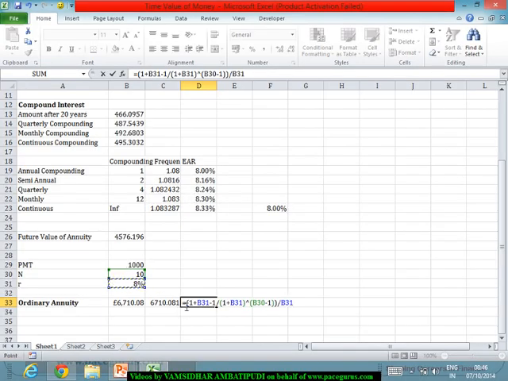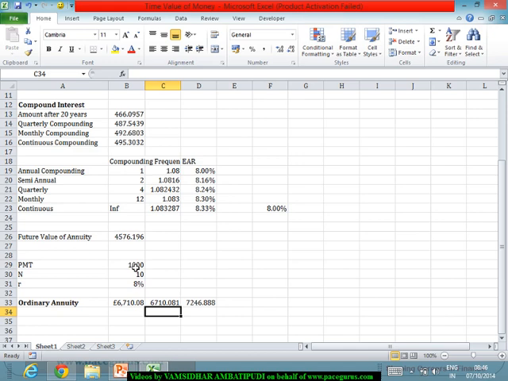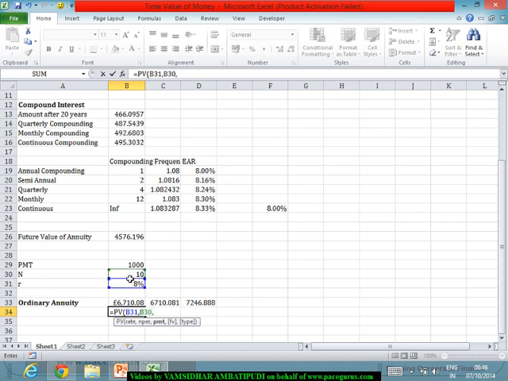So this is what is coming out, wherein I'll typically take my PMT, the annuity, multiplied by that. So this is giving me 7,246, which means even if I am going with the formula approach, I will take the interest rate as 8%, number of periods 10, the annuity payment 1,000, but this time the payment is happening at the beginning of the period, which is resulting in 7,246.